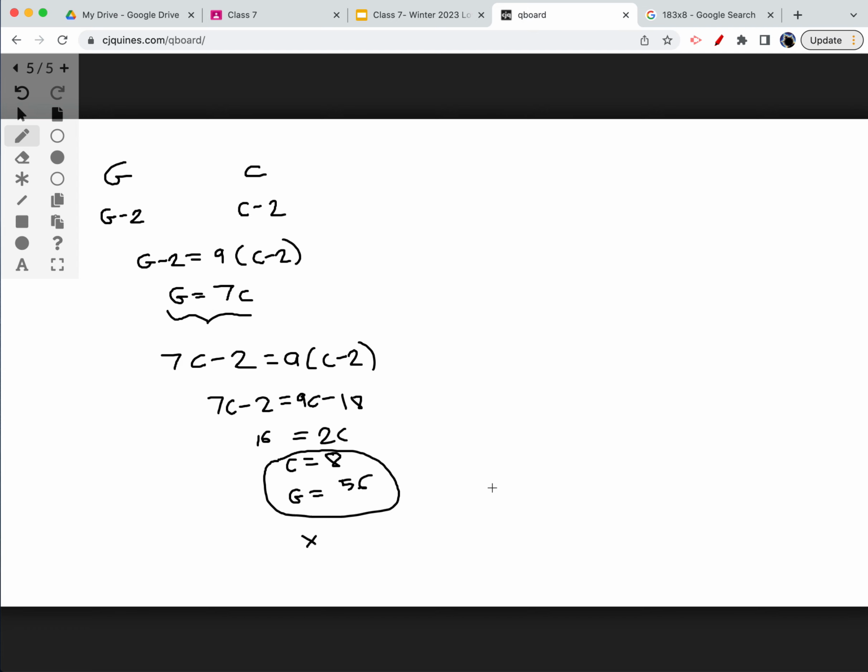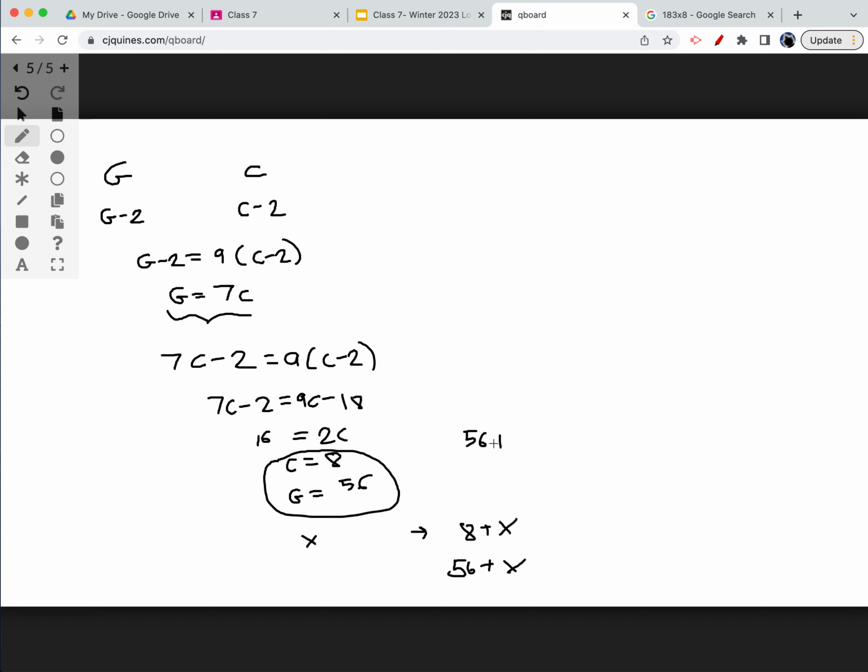So after X years, Carol will be 8 plus X years old, and Jean will be 56 plus X years old. After these X years, we want Jean to be 5 times as old as Carol.